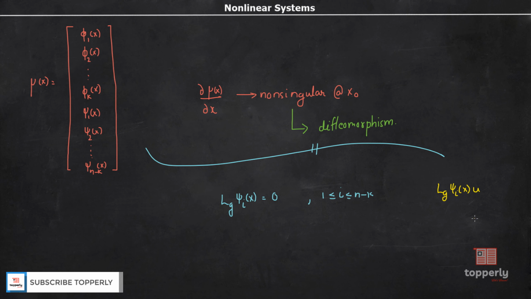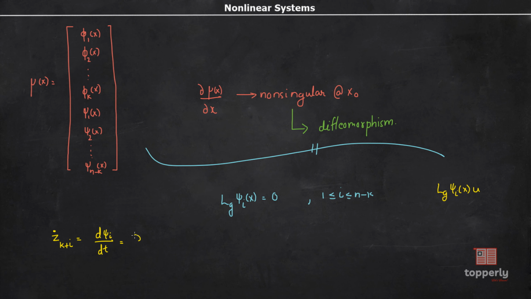Let me show this to you. If we choose psi i such that Lg psi i of x is equal to 0, then zk plus i dot is equal to d psi i by dt, which is equal to dou psi i by dou x into x dot, which is dou psi i by dou x into f of x plus g of x into u.